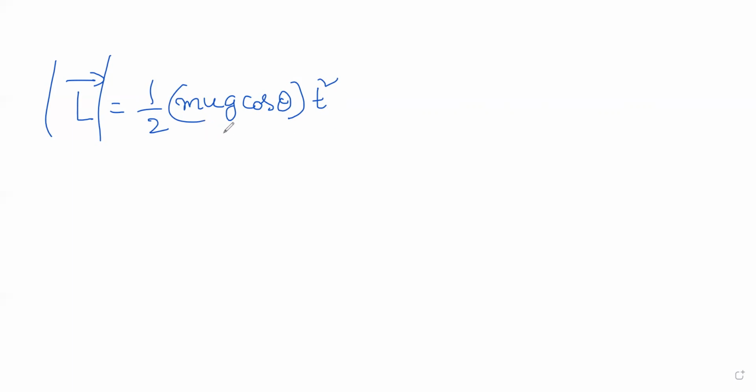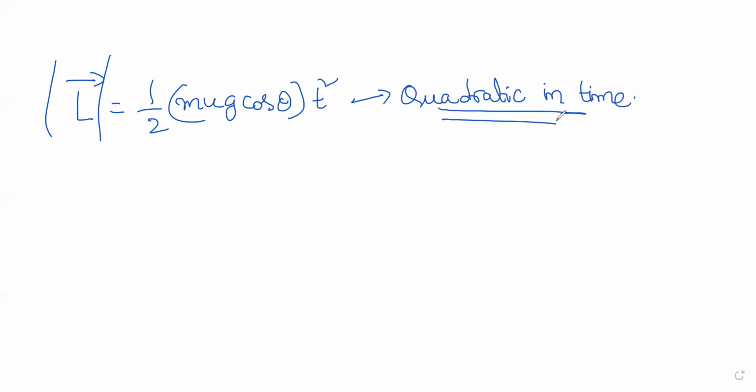In this one, half mug cos theta t square, it is quadratic in time. The angular momentum varies quadratically in time.